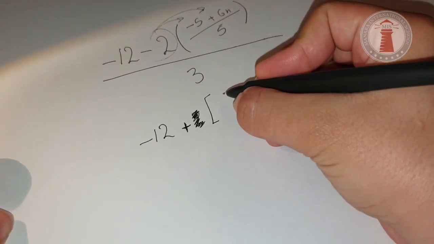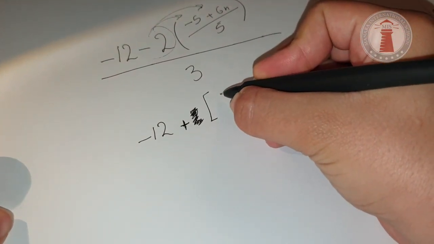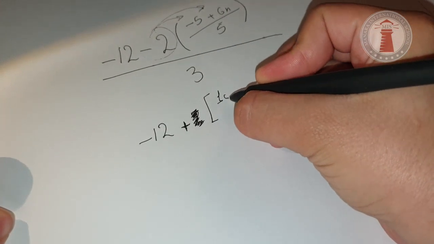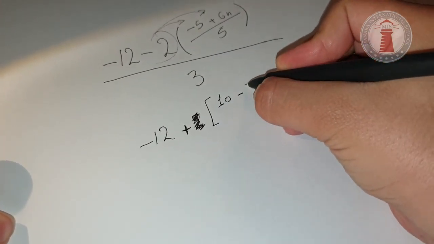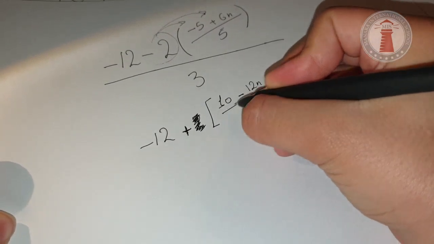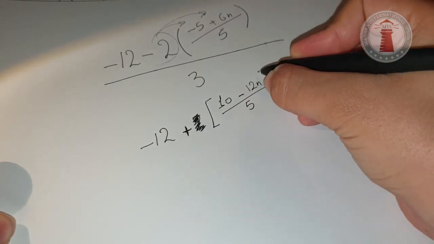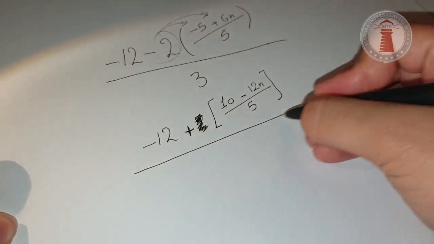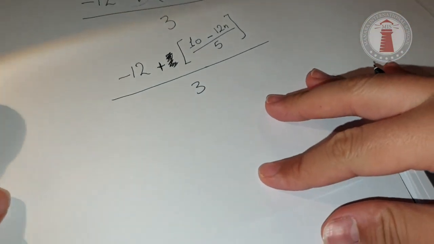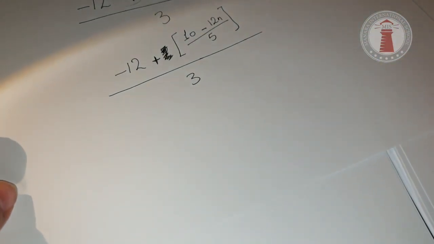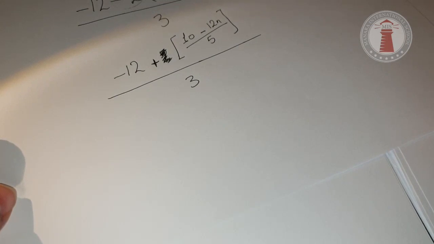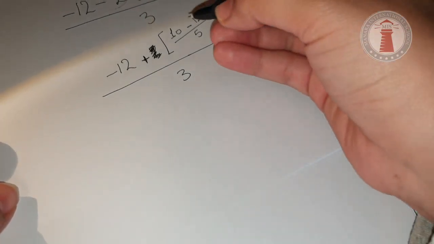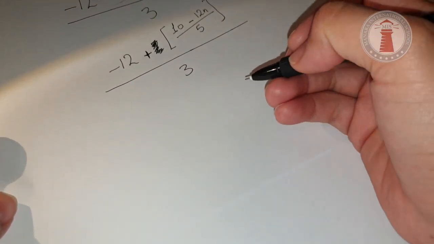So we'll be having positive 10 minus 12n over 5, over 3 in here. Now here again, we're going to simplify it more.